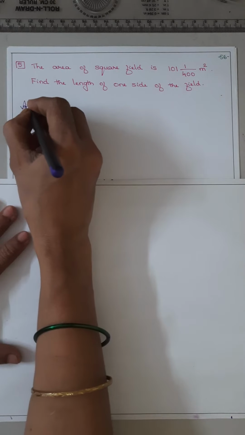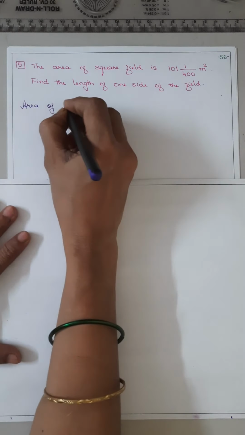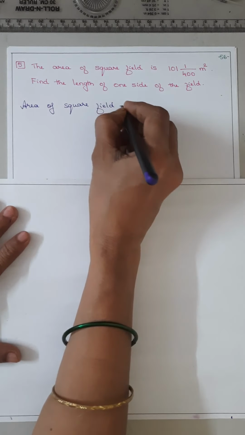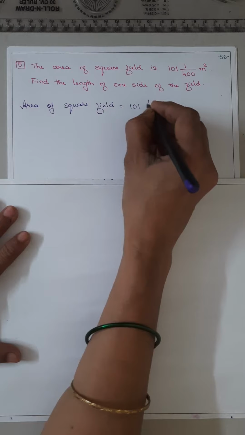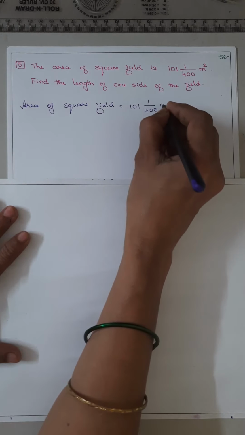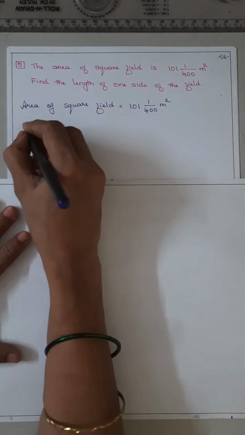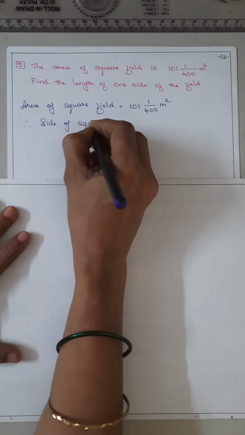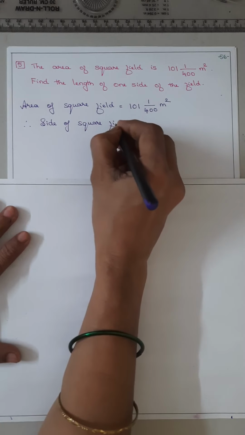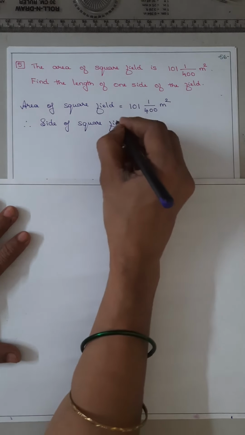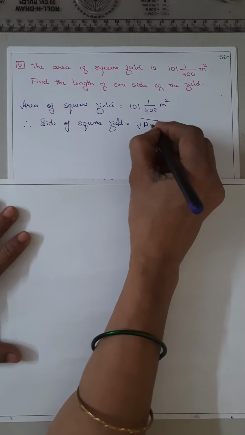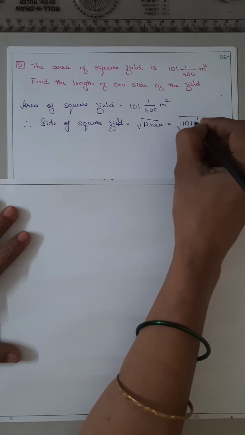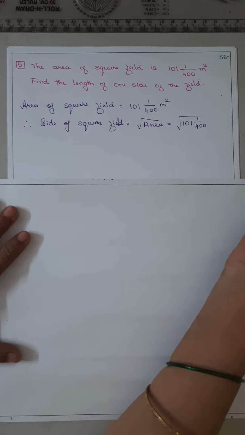So first, area of a square field is equal to 1011 by 400 meter square. Therefore, side of the square field, what is the formula? Square root of area, that is square root of 1011 by 400.